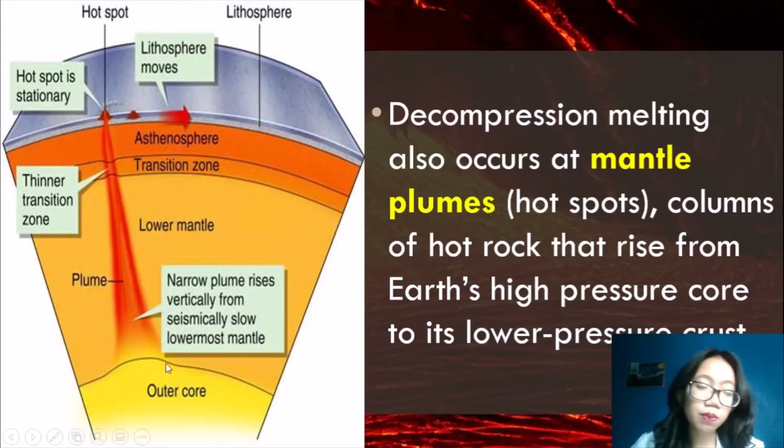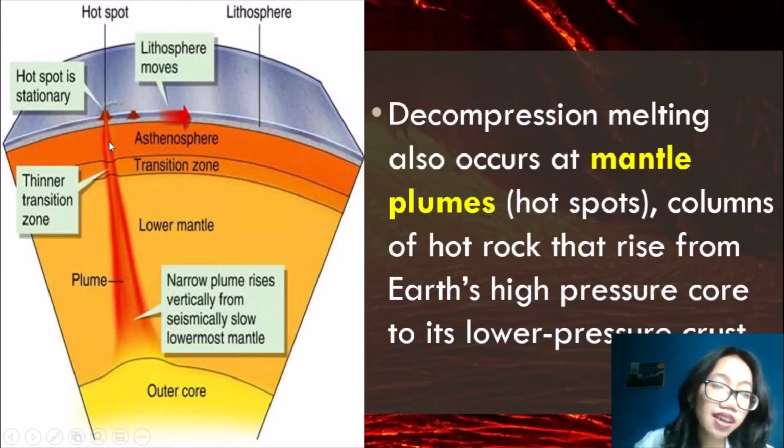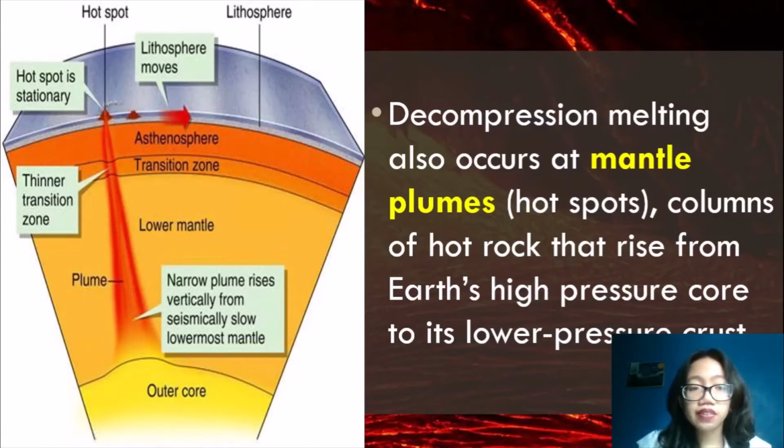So you will see here that in the mantle you have a plume, with mantle rocks being decompressed and pushed into the surface of the earth. It's like a volcano even, like concentrated volcanic activity.